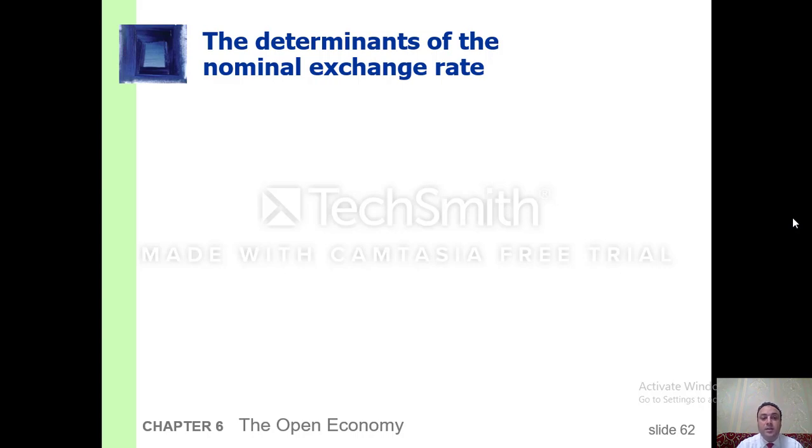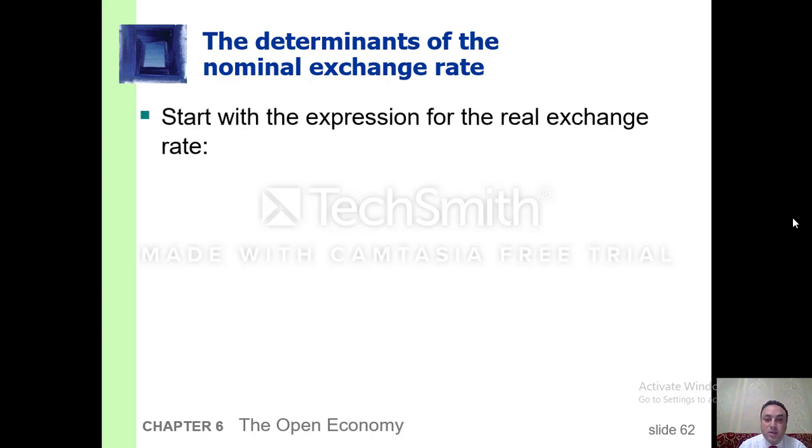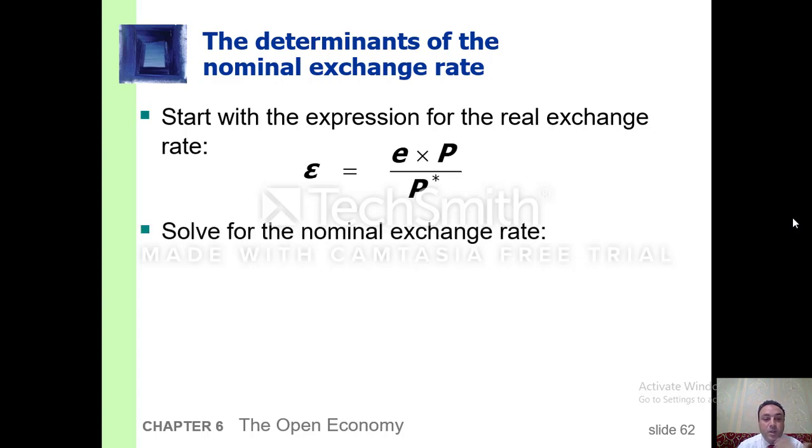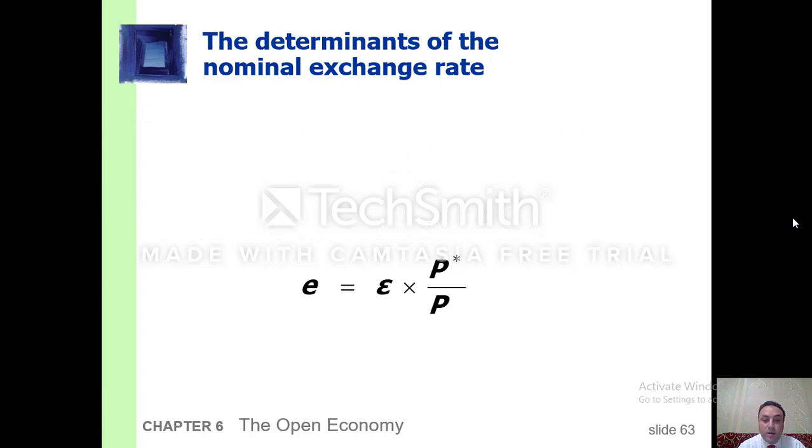What are the determinants of the nominal exchange rate? The nominal exchange rate is a main factor in determining the real exchange rate. What determines the nominal exchange rate? Start with the expression, as we said, for the real exchange rate, which equals the nominal exchange rate multiplied by the home price divided by the foreign price. Rearranging this equation, the nominal exchange rate equals the real exchange rate multiplied by the foreign price divided by the home price.